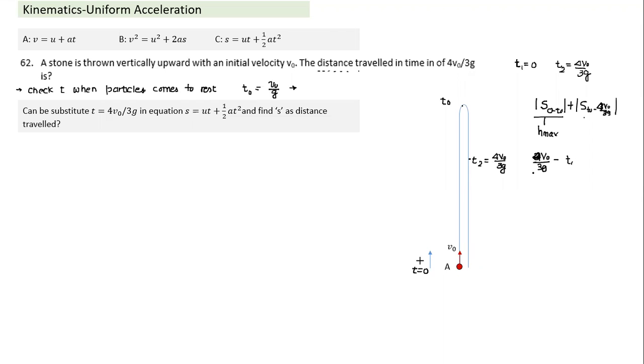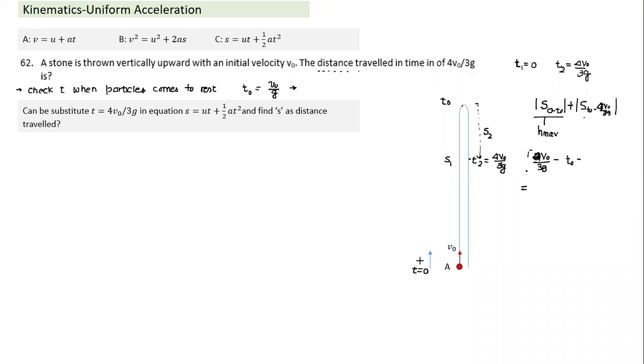And what is t0 equal to? So what is the time of fall? I'm separately calculating the displacement during the fall period, and then I'll add up the magnitudes. I'm calculating this magnitude S1 and the S2 magnitude. To calculate S2, I need to know the time interval for which it falls, which will be this minus t0.